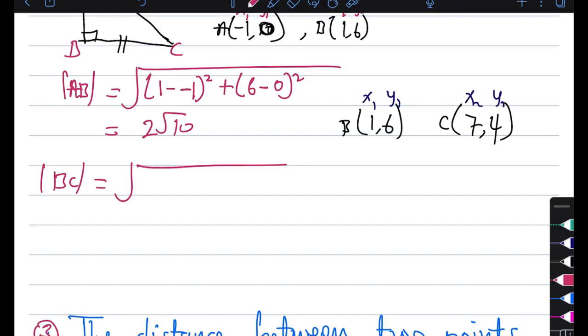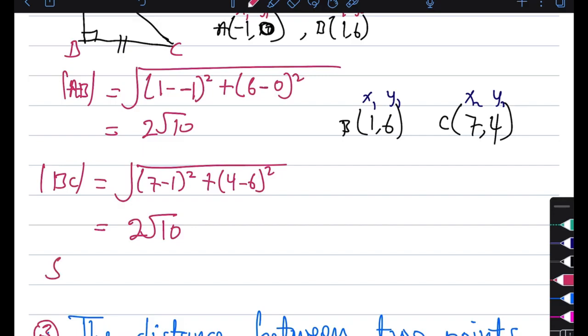We are going to get 7 minus 1 all squared, plus 4 minus 6 all squared. Then we put it on a calculator. That's 7 minus 1, that's 6 squared, plus negative 2 squared, that's 4, right? The calculator tells me that it is 2 root 10.